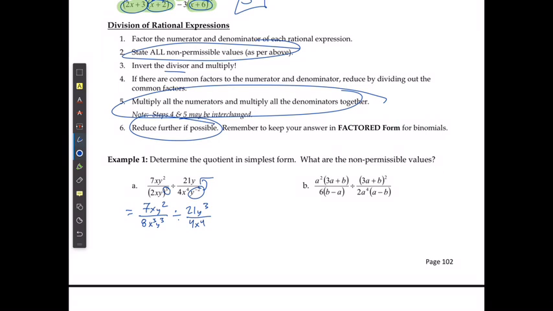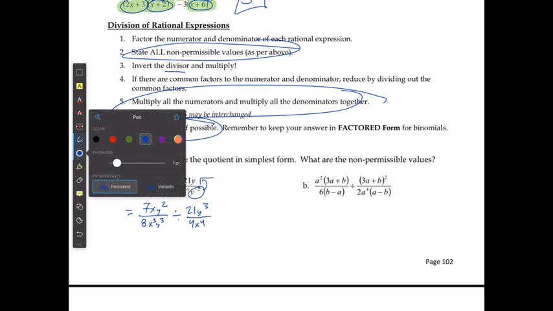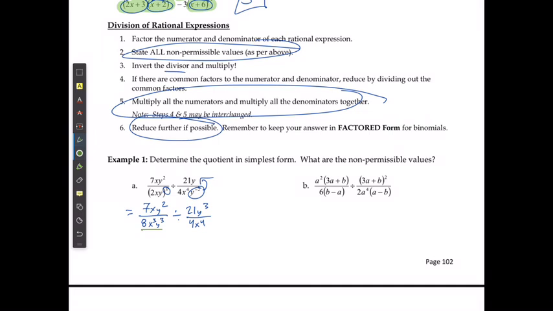I'm looking for my non-permissibles in the denominator of the first part and in the denominator and the numerator in the second part. So in this case, x cannot equal 0 and y cannot equal 0.